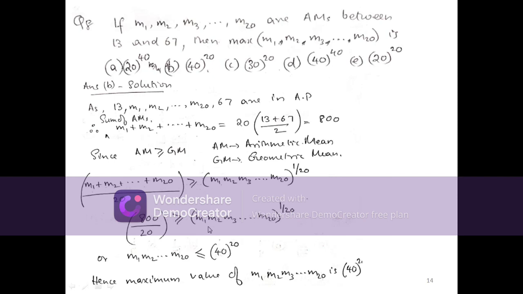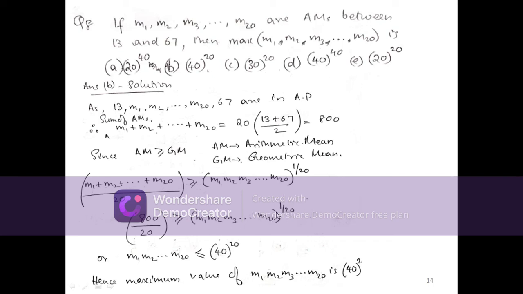If you want to get the product m1 m2 m3, what you need to do is take the 20th power on both the sides. So you have 800 by 20, that is 40, raised to 20, equal to m1 into m2 into m3 up to m20, whole raised to 1 by 20 into 20.